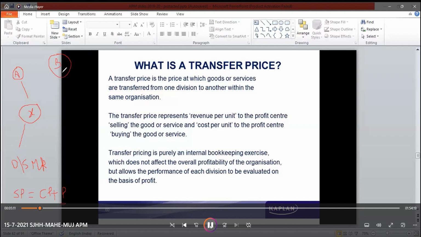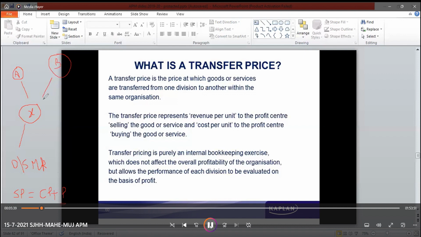So it's not acceptable to the buying department. If the selling department cuts its profit margin, its ROI gets affected, so that is not acceptable to it. It would be fine with the buying department if the profit margin is eliminated, since it would pay only the cost part.